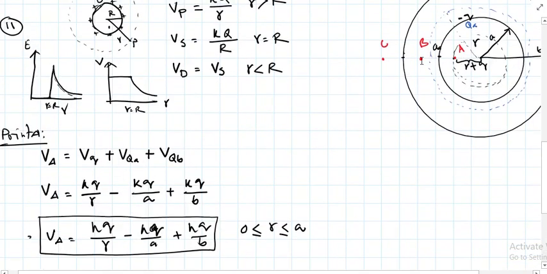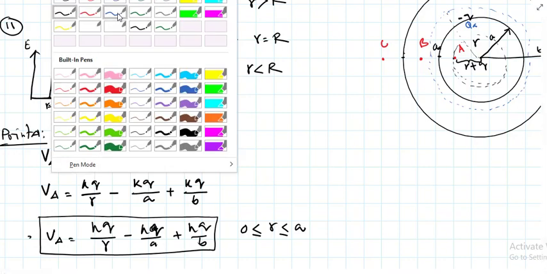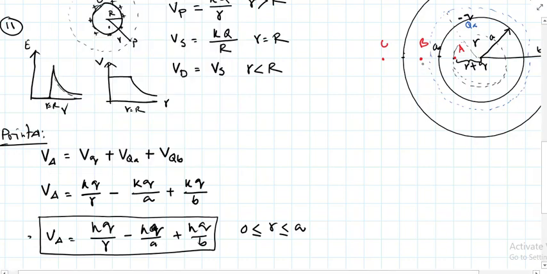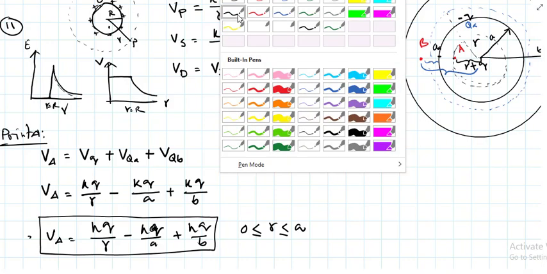If this is the point B, for this q which is at a distance r, I'm going to use a different color, which is basically the outside point. This B point is the outside point for the small q, and for this QA it is also outside of that surface.